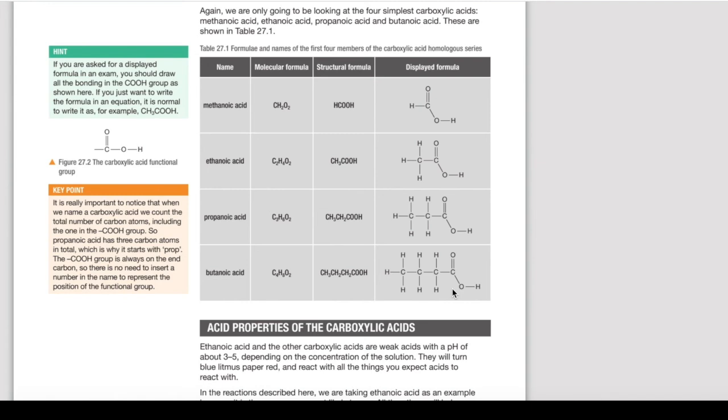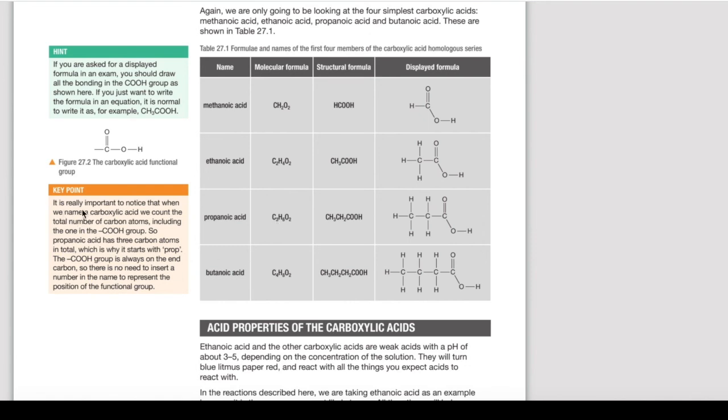So when you're in the exams, when you are asked to write the molecules for these specific substances, don't write in this sort of formula, because that doesn't really tell you anything. You can either write in a structural formula way or displayed formula, but not this way. Okay, this is the first thing you need to be careful with.